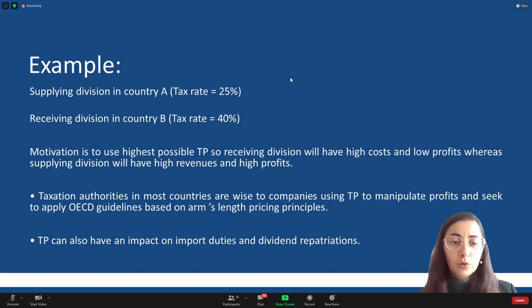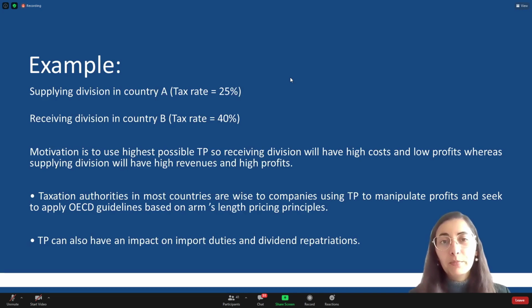Taxation authorities in most countries are wise, so obviously the government is not stupid and wants to avoid this kind of situation. They know that companies try to use transfer prices to manipulate profits, and that's why we have these OECD guidelines based on these arm's length pricing principles. You can read about that.